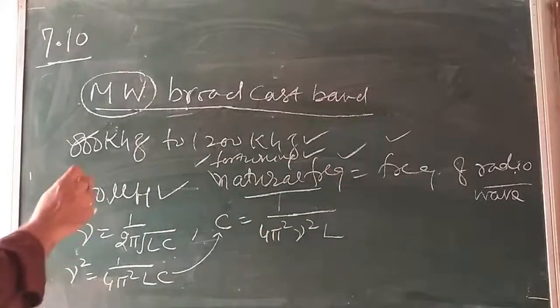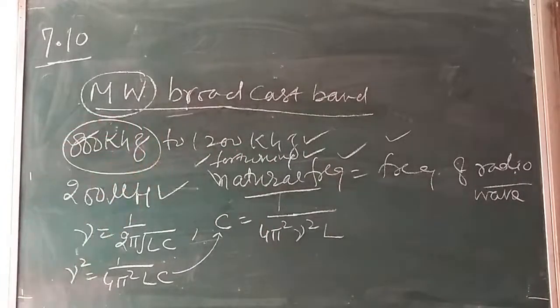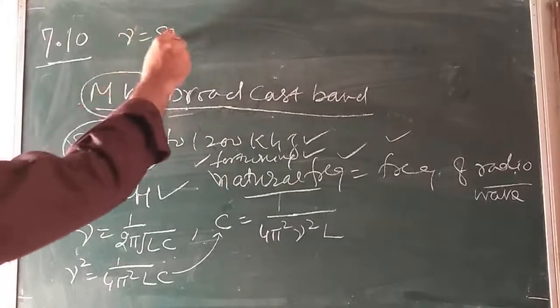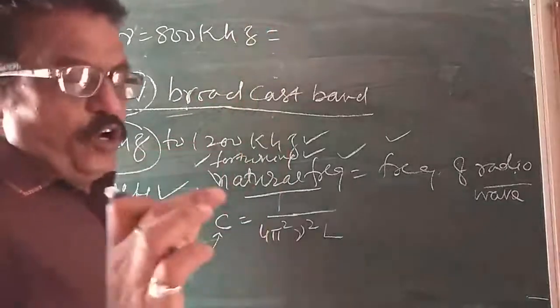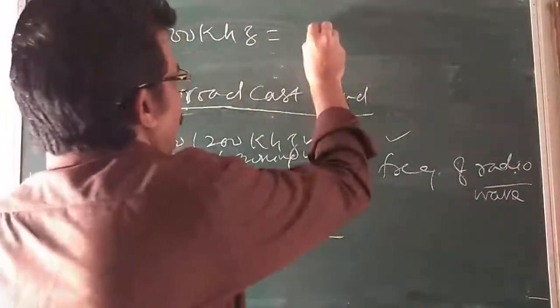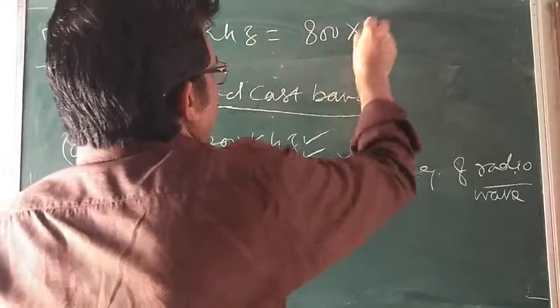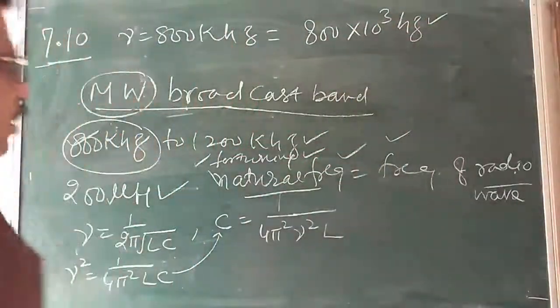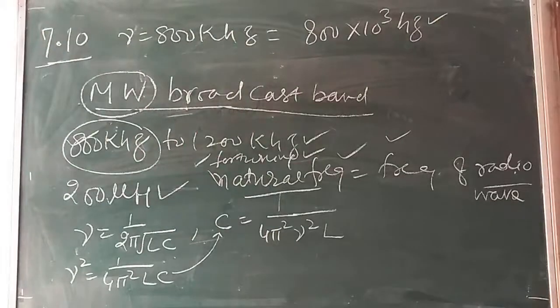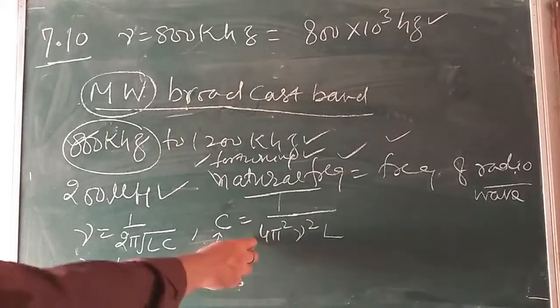Now, the frequency given here is 800 kilohertz. So nu is equal to 800 kilohertz. What does kilo mean? Kilo means 800 into 10 raised to power 3 hertz. Hertz, you know very well, is the unit of frequency. Put this value here.